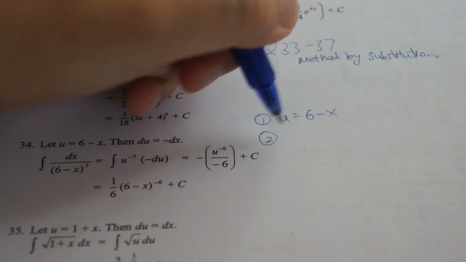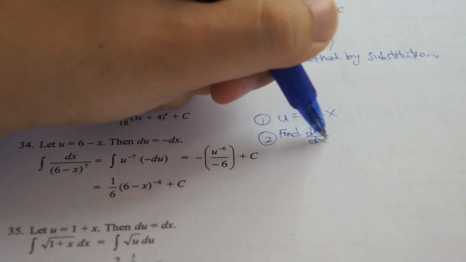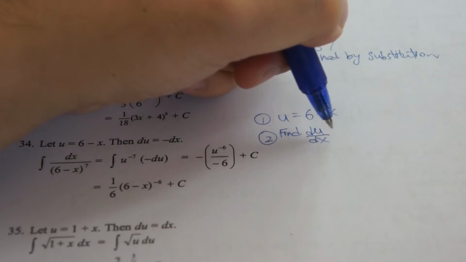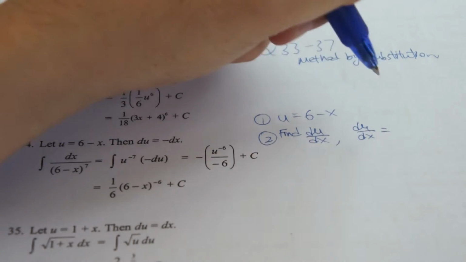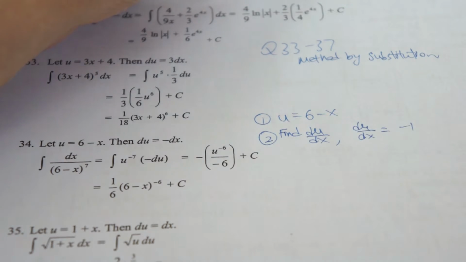The number 2 is to find du over dx. That means you need to differentiate the function one time, and du over dx equals minus 1, because there is a negative 1x, so if you differentiate one time it will be negative 1.